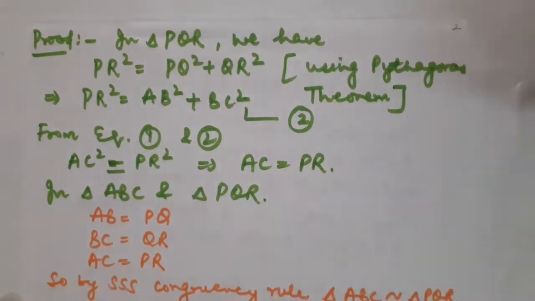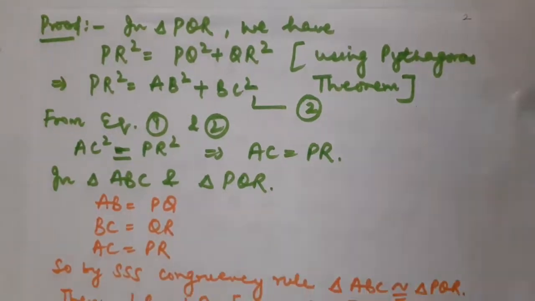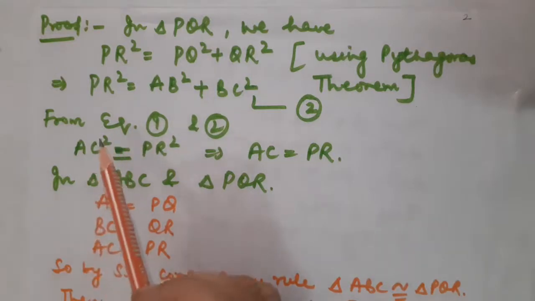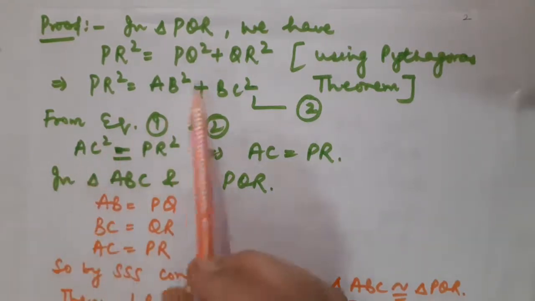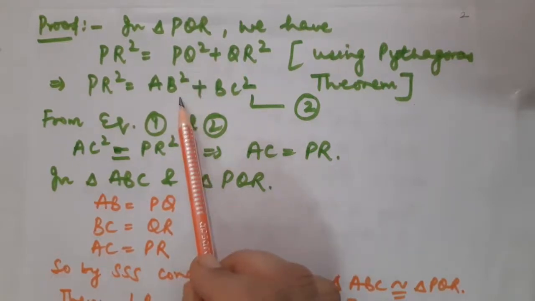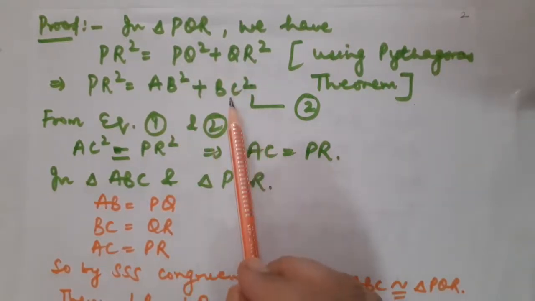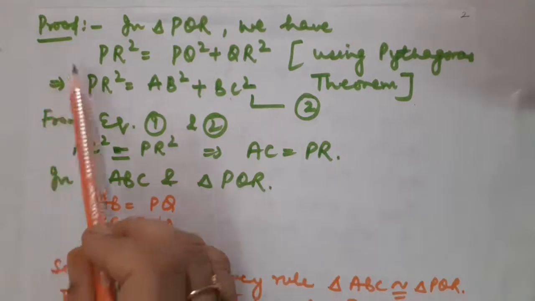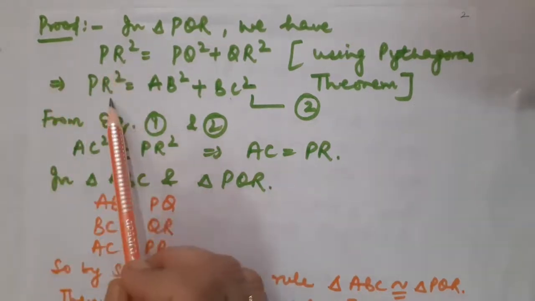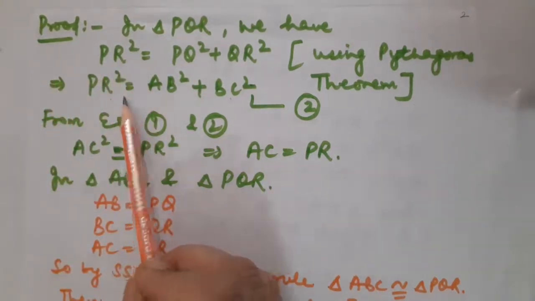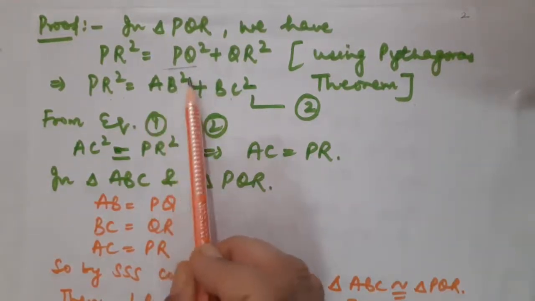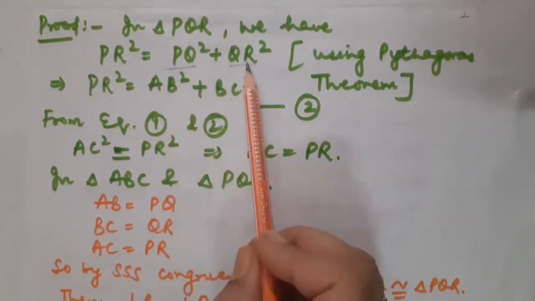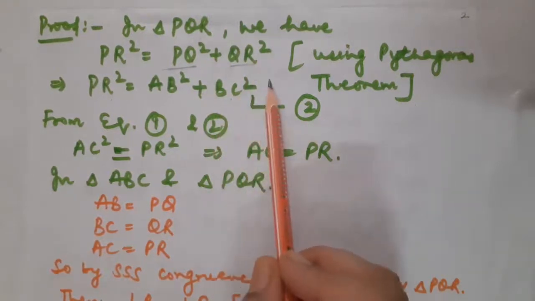Now children, did you observe one thing? That in construction I drew a triangle PQR in such a way so that PQ must be equal to AB and RQ must be equal to BC. So it implies PR square will remain as it is. This is equal to, at place of PQ, I have taken AB square plus at place of QR I am going to take BC square.